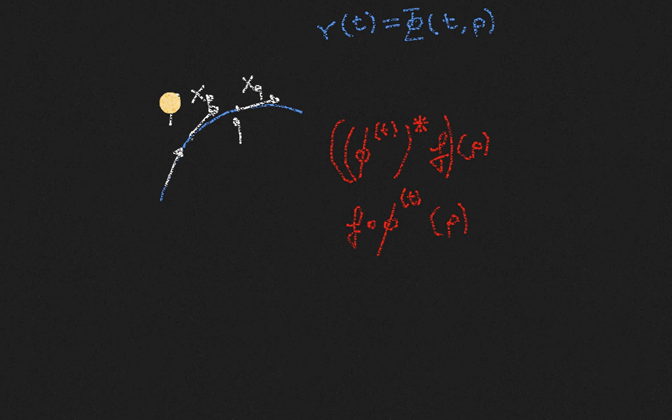Now P is fixed, sorry, P is the point. So this is just f of gamma of t.